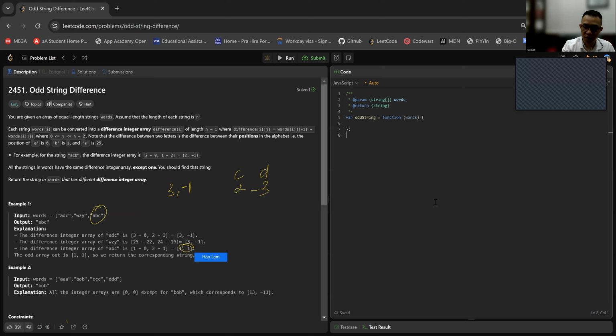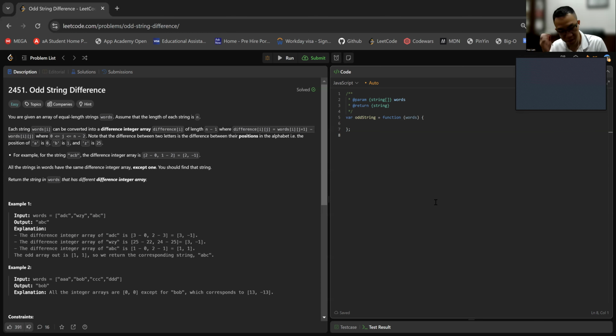So they want us to return the string word that has a different difference array. For example, this word array has three words, and of those three, the last word has a difference compared to the other two. So that's why we have to return ABC in this case.